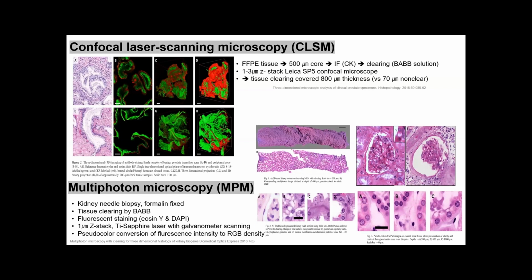It can cover 800 micrometer thick tissue and make 3D images. The upper picture is fluorescent color, and the lower picture is a pseudo-color conversion of fluorescent intensity to RGB density.